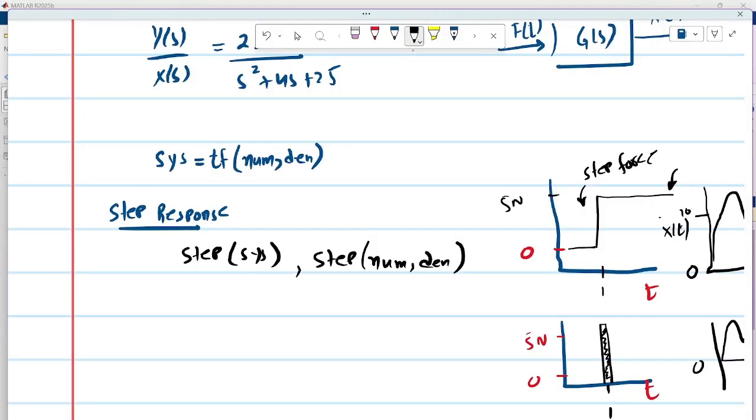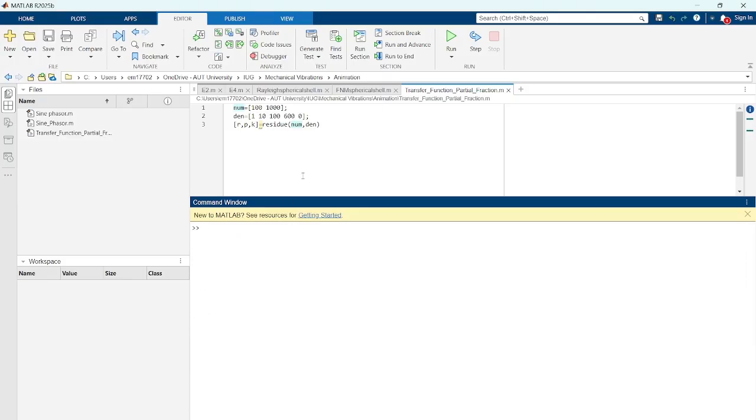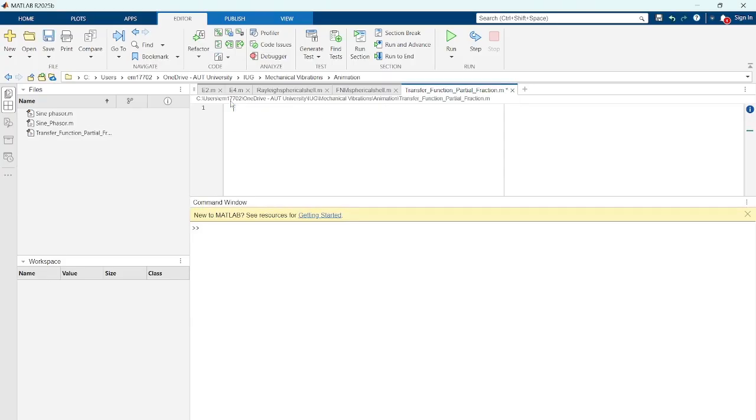So let's jump to MATLAB and check it out. Again, just clear the workspace and press clc. You have cleared everything. Remove this from the editable window.